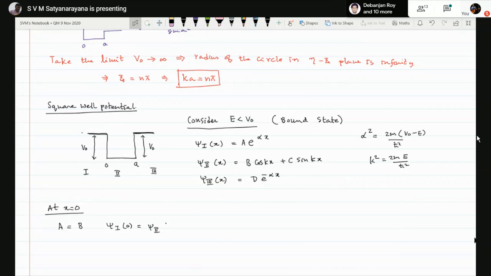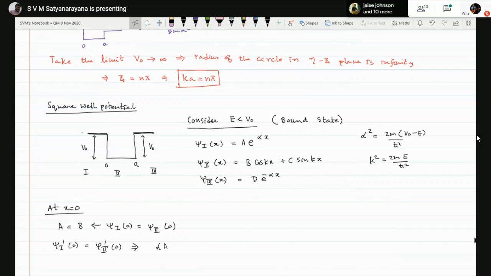So if I use this, then I have this condition. Now psi 1 prime at 0 is equal to psi 2 prime at 0. What does that give you?